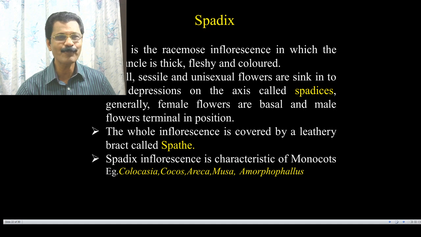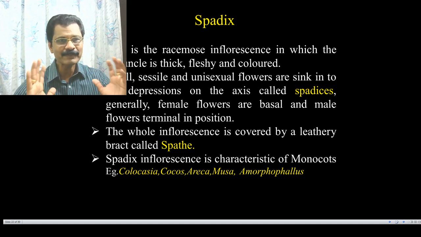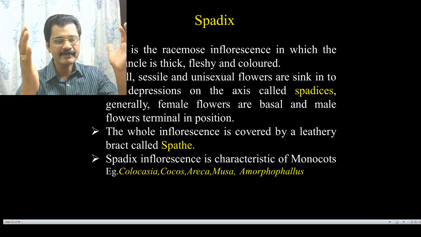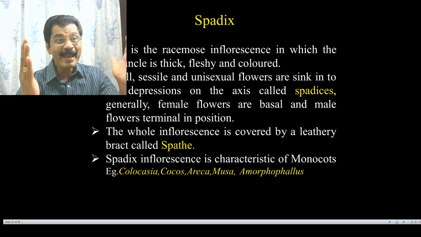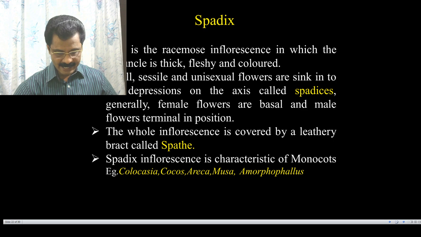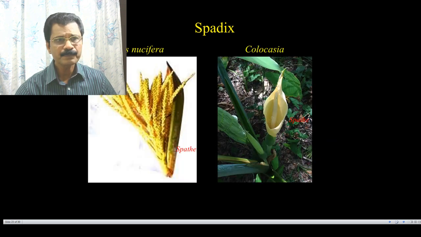There you can see spadix. The whole inflorescence is covered with a leathery bract. That bract is called spathe, right? And such inflorescences are called spadix inflorescence. And here you can see Cocos nucifera, and this colored bract is called spathe. Here it is Colocasia. Here you can see spathe, right?